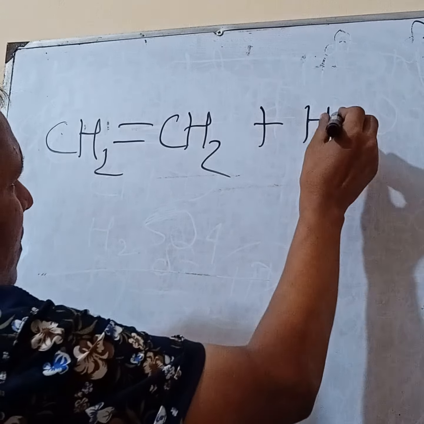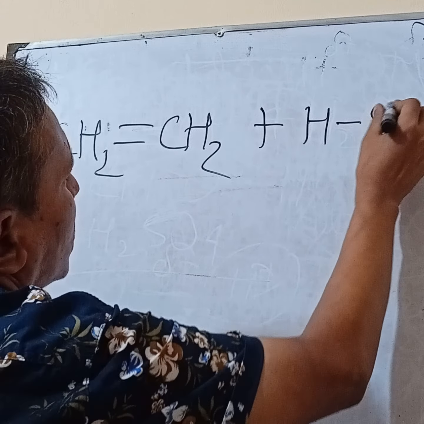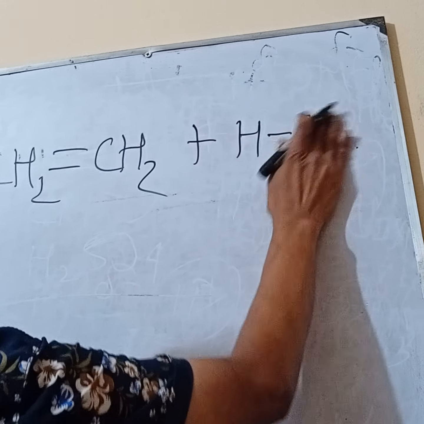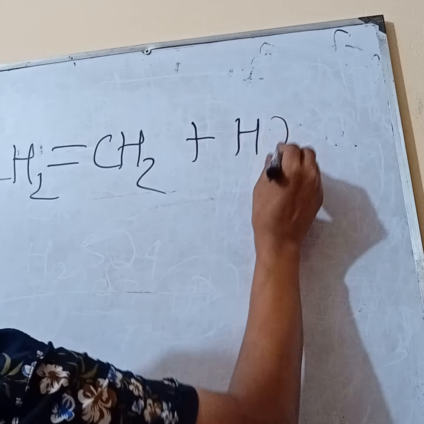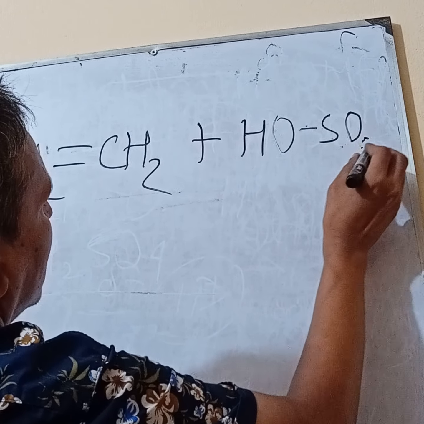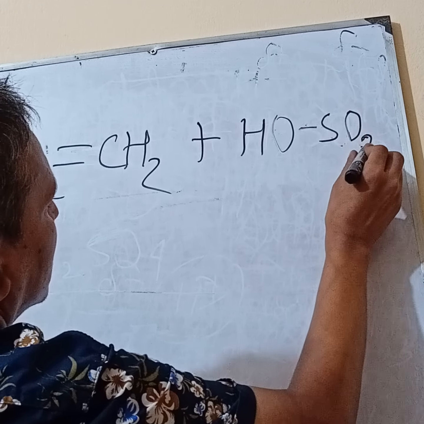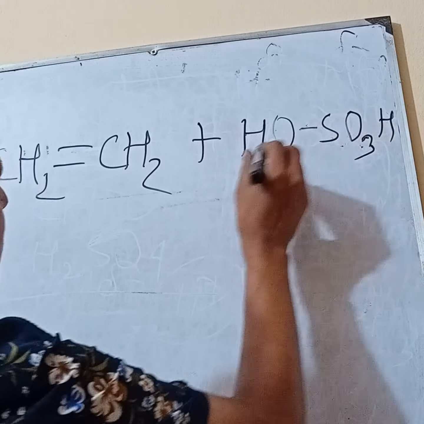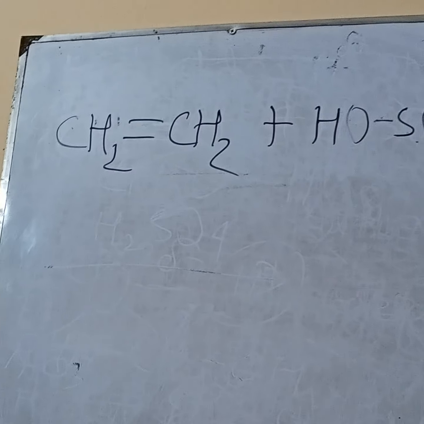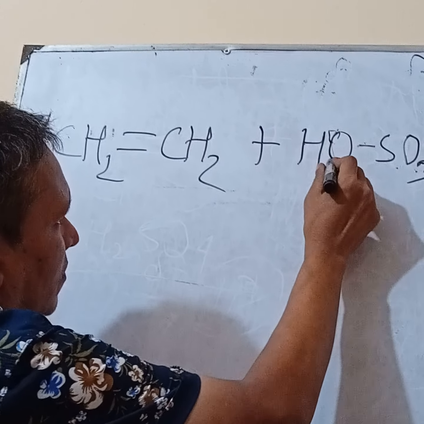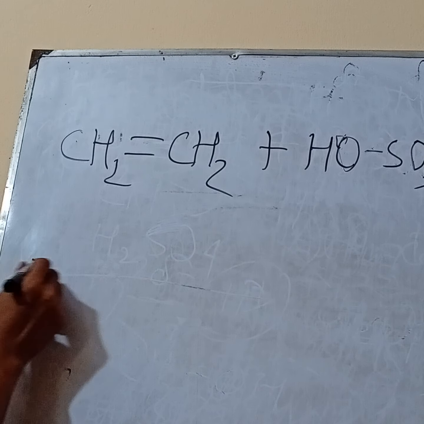I have to write HO SO3 H. What is this? I try to understand this.